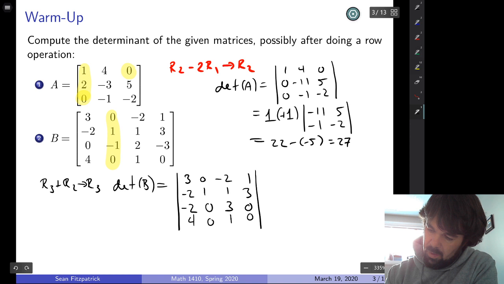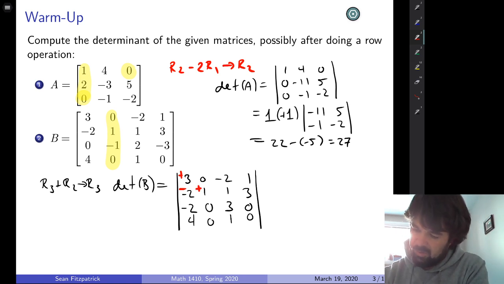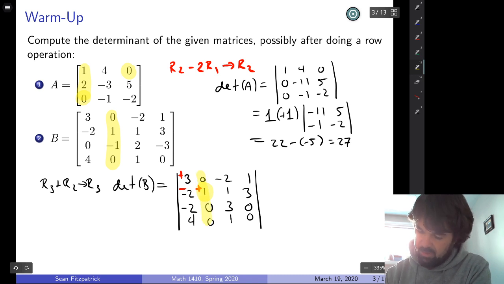Now I go and I say, okay, look, signs are plus, minus, plus, right? So that's a plus 1 in this position here. So what I should do is cofactor expansion down that row, right? And I delete that column, sorry, I delete the column, I delete the row, and I write down the 3 by 3 that I get when I do that.